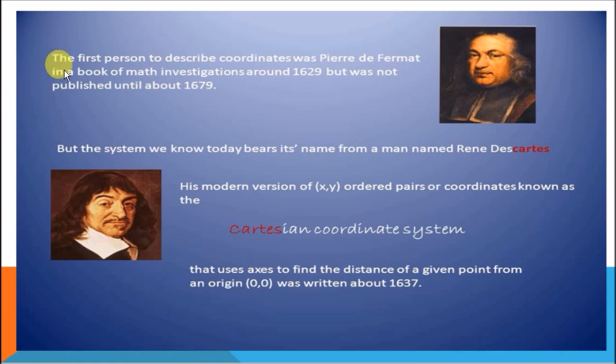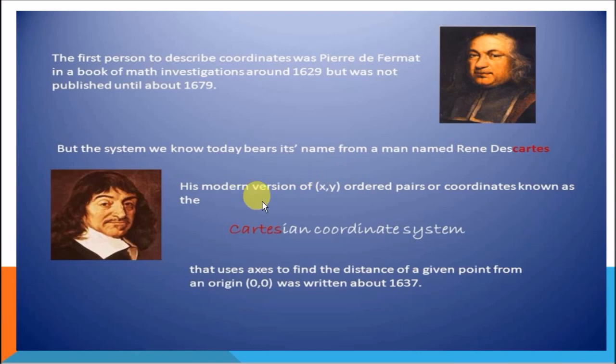It is also believed that the first person to actually describe the coordinate system was Pierre de Fermat. Fermat had a book of math investigations written around 1629, but due to some reason was not able to publish it until about 1679.